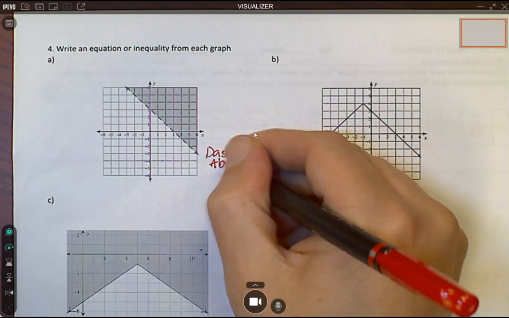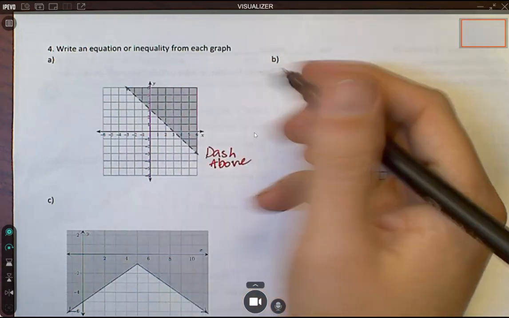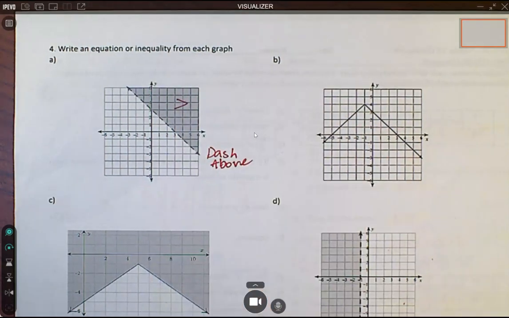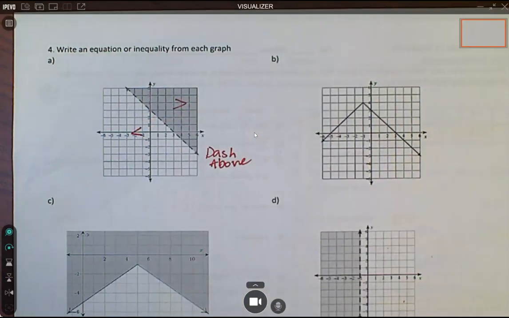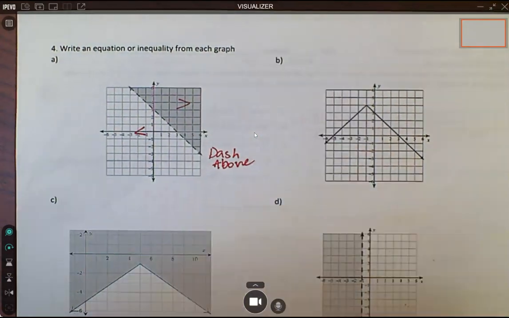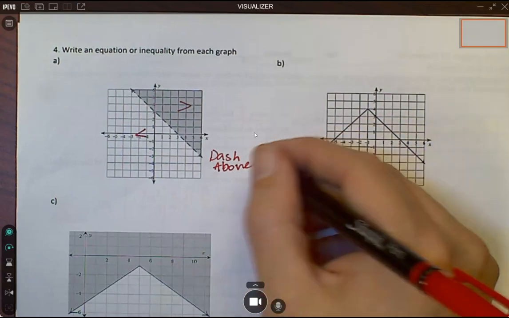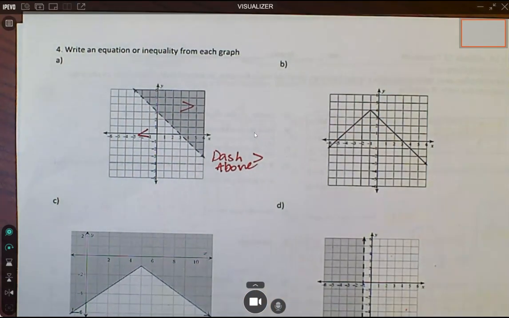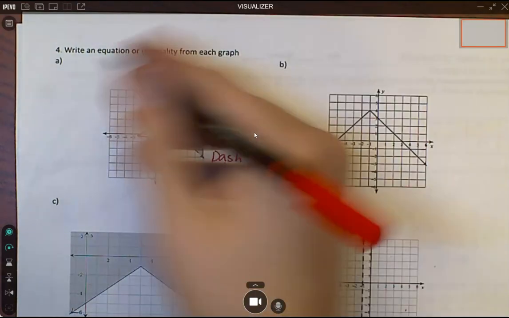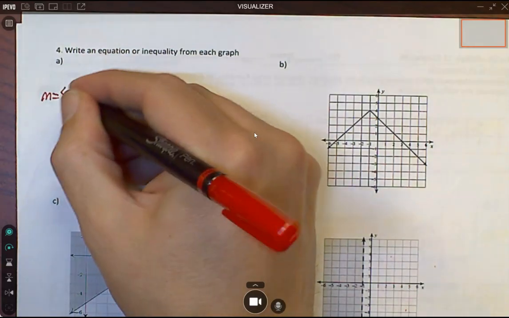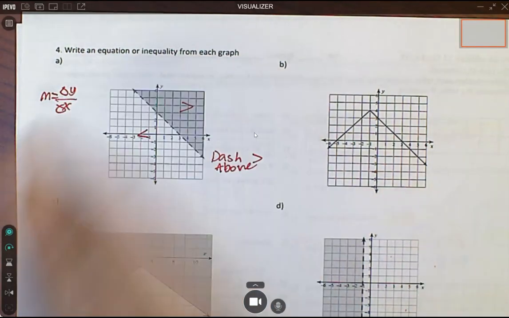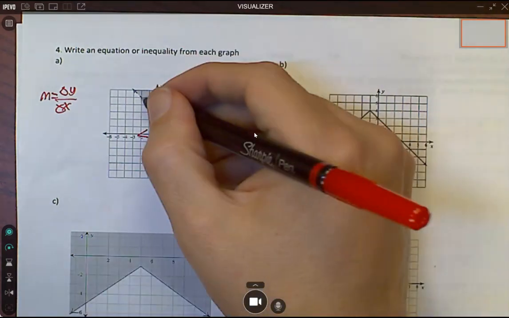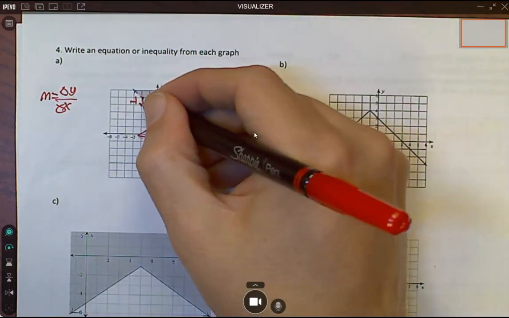Okay. So dash above. So remember, up here would be greater than. Down here would be less than. So we know it's greater than. Okay, m: fall 1, run 1.